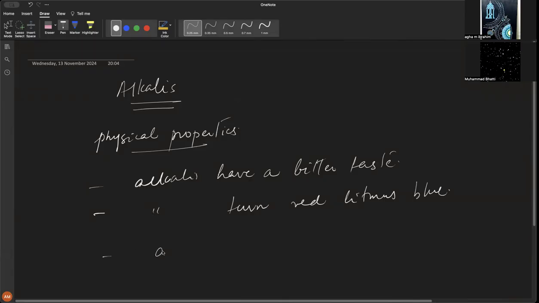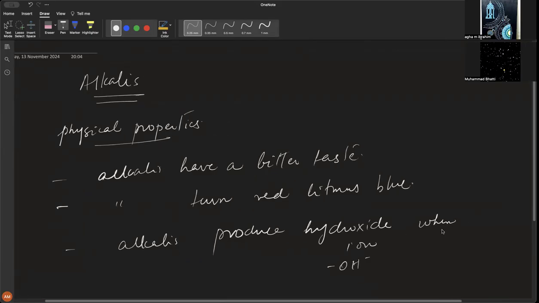Number three, alkalis can, or not really can, actually produce hydroxide ion. This is the hydroxide ion, when dissolved in water.